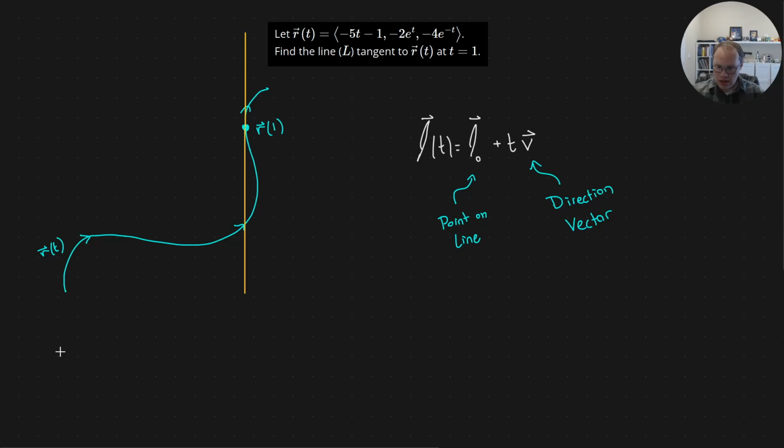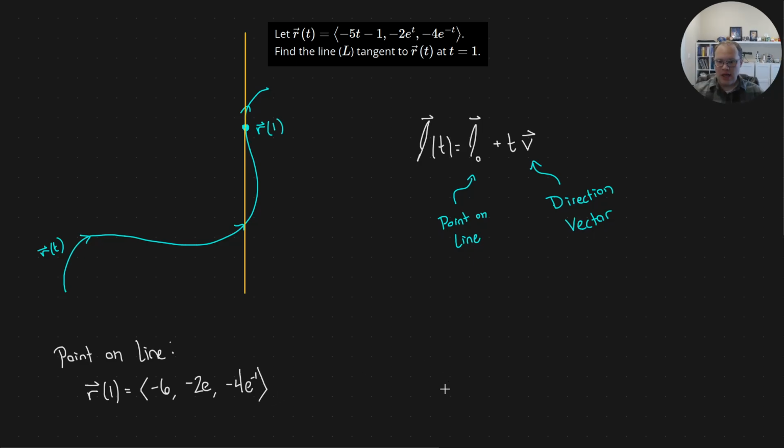So the point on the line that we can use here is just going to be r of 1. If I plug in 1, I get, what, -6 for the first component. Plug in 1 to the second component, I get -2e. And plug in 1 for the third component, I get -4e to the -1.